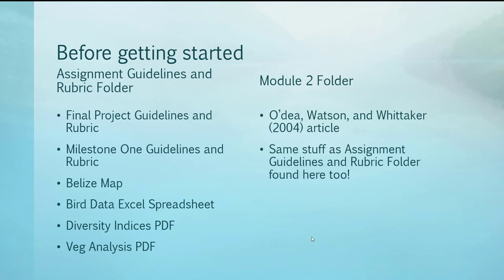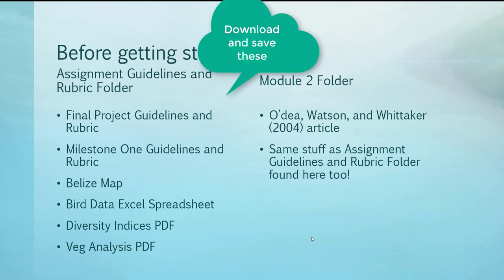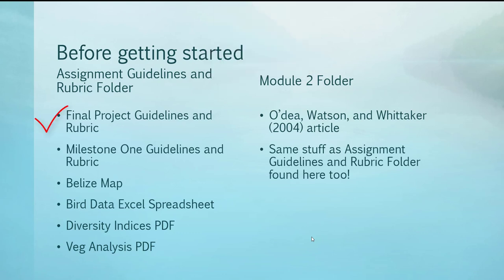Now, before you even get started, there are some materials that you will need to access from our Brightspace page. In our assignments, guidelines, and rubric folder, I highly recommend you download and save on your desktop the following: the final project guidelines and rubric, the Milestone 1 guidelines and rubric, the Belize map, the bird data Excel spreadsheet, the diversity indices PDF, and the veg analysis PDF.